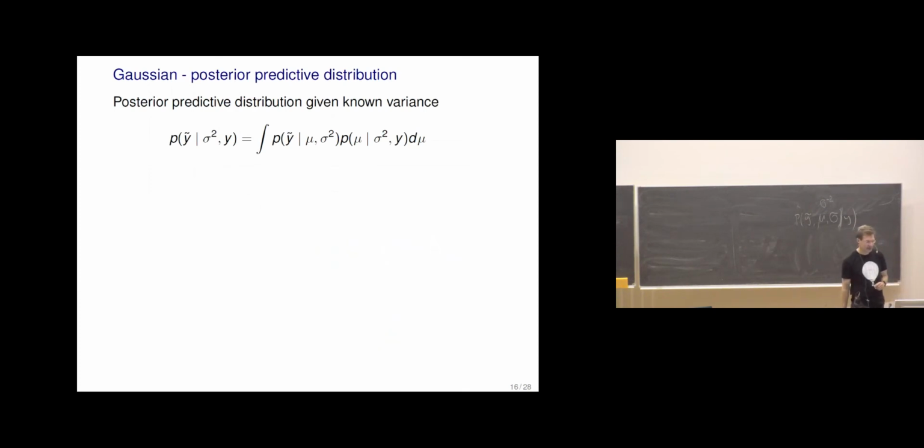We also have an analytic solution in this case, and we can start with the predictive distribution given known variance.